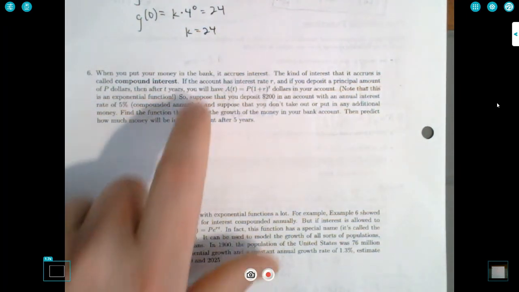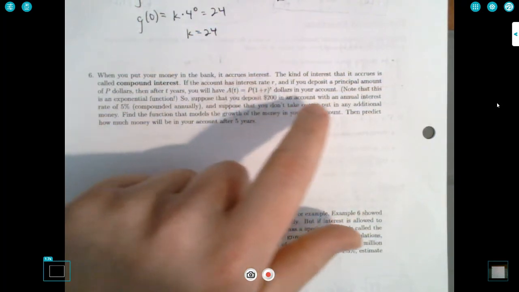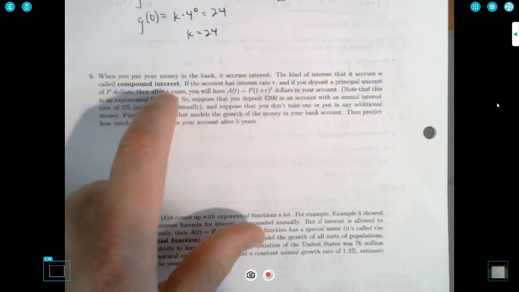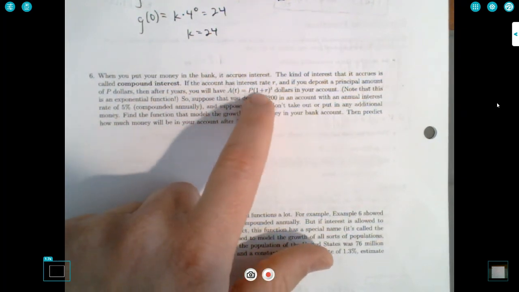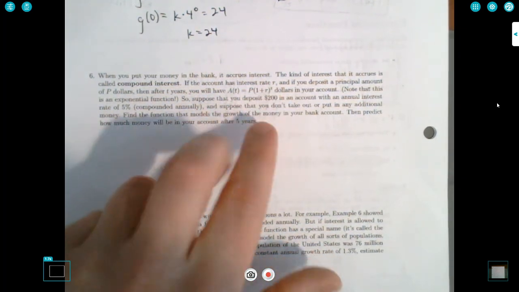We'll get into that later on in the course. But for now, let's just assume that we've got annually compounded interest. So if the account has interest rate R, and if you deposit a principal amount of P dollars, then after T years, you will have P times 1 plus R to the T dollars in your account.